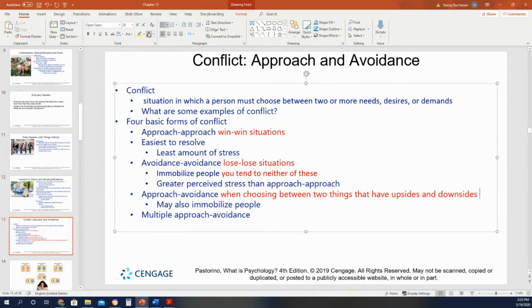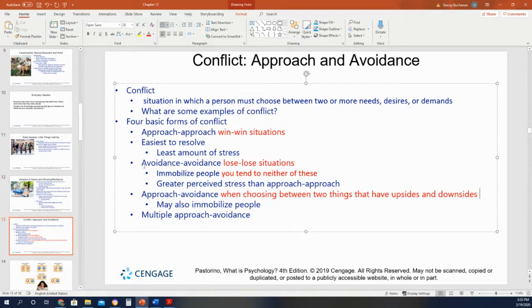You are conflicted because it has a lot of benefits, but it has a lot of negatives. Getting a dog is great because they'll keep you company, they'll stick around with you, they'll be a friend to you, but they also can be expensive and they take up a lot of time and things such as that. So these also may immobilize you as well.